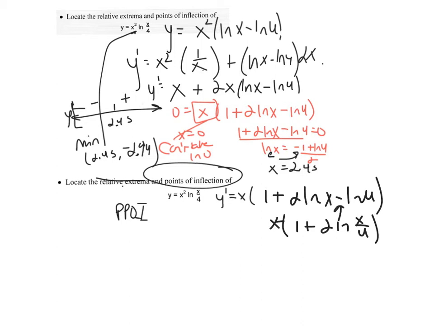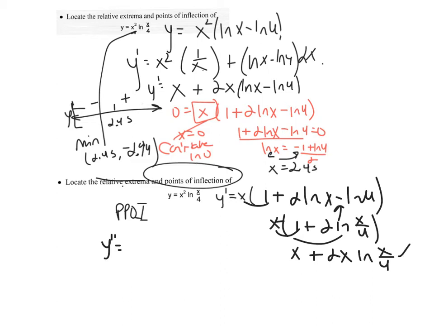Okay, so now we need the second derivative, right? That's our possible points of inflection. If I take my second derivative, again, you can either use the product rule, or if you want to just distribute back through, you're welcome to do that instead. If you want to treat this as x plus 2x ln of x over 4, this form of the derivative is a little easier to absorb, I think.